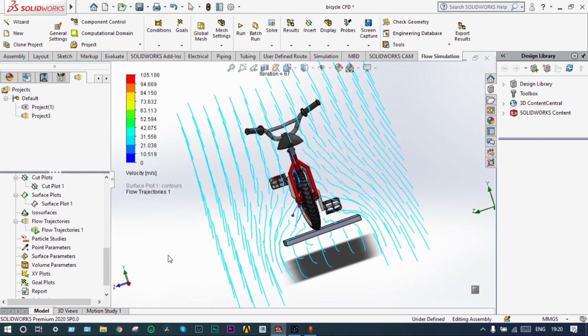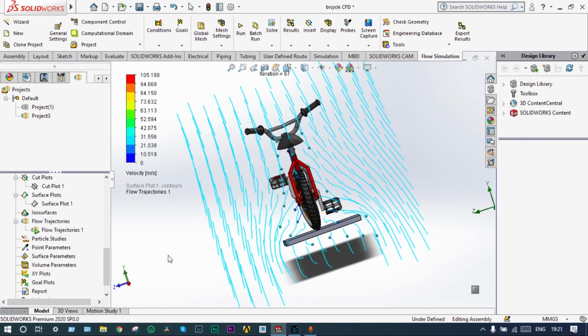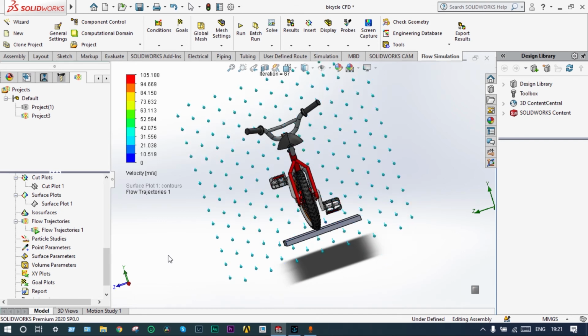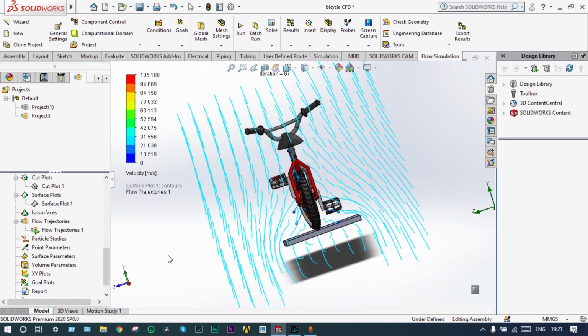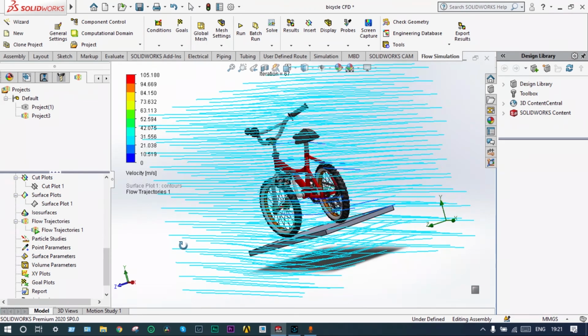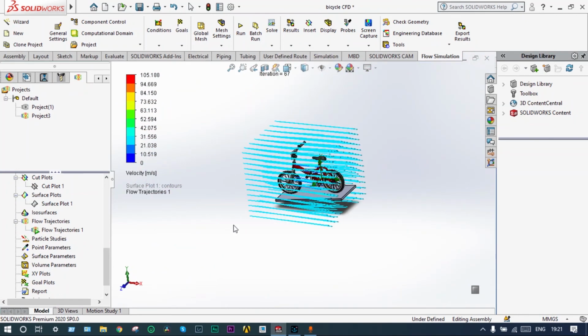You can see air particles are moving very smoothly, and there is very little resistance from this bicycle. We can see the results in a different way. If we make this domain a little bit smaller, we can view this profile in a better way, but it is not required.